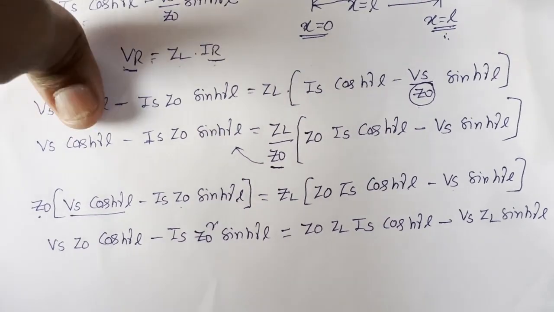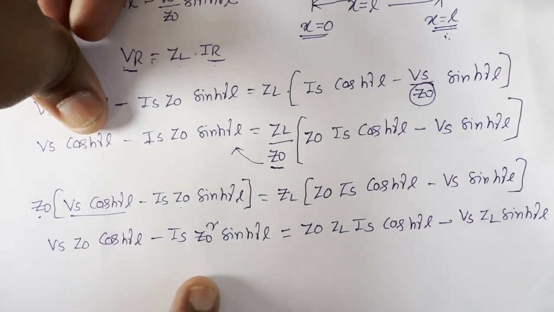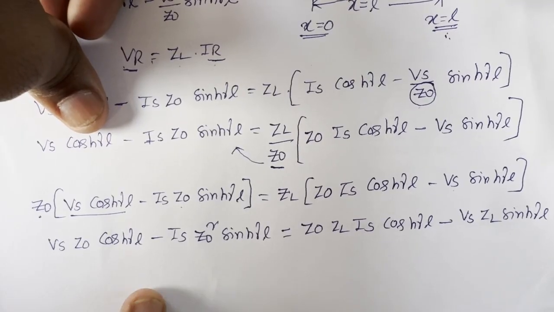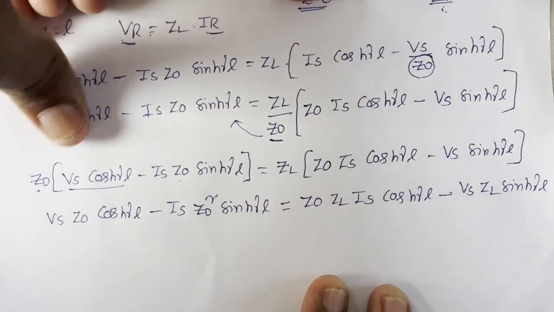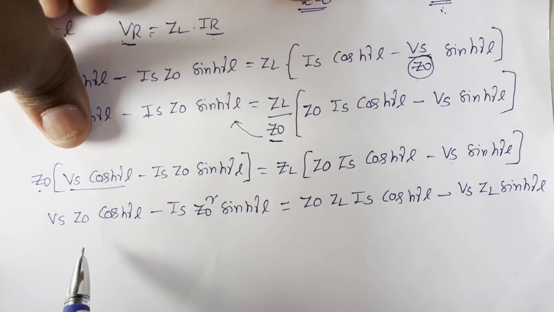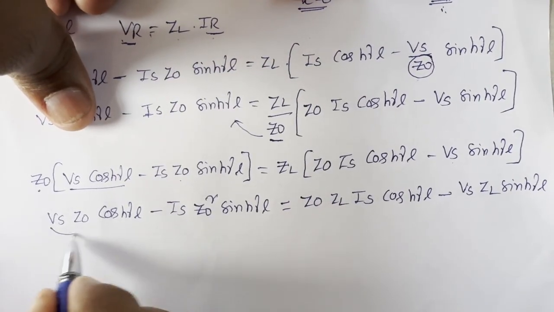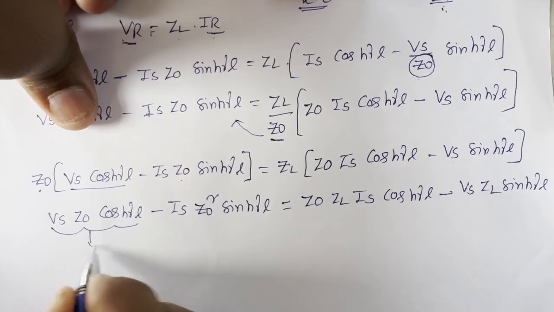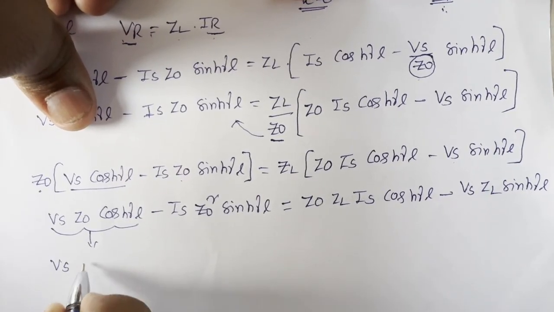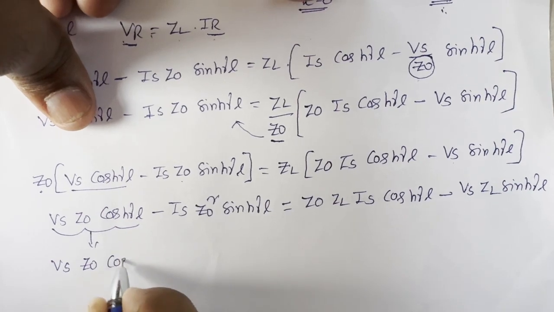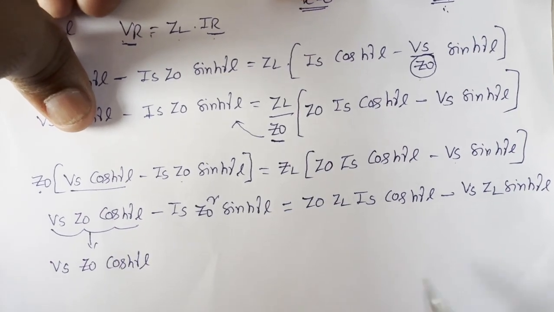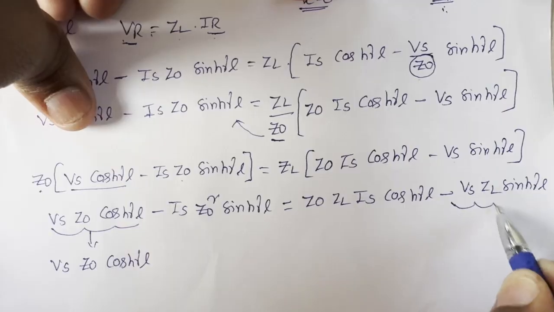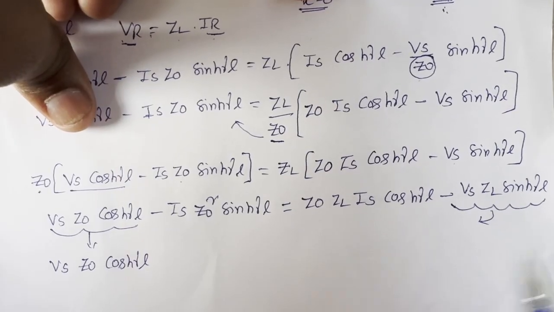Now I am taking Vs terms to one side and Is terms to another side. I am keeping this Vs as usual here, Vs Z naught cosh γL, and here it is the Vs term, I am taking to the side.